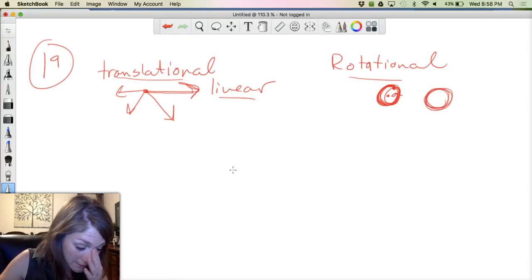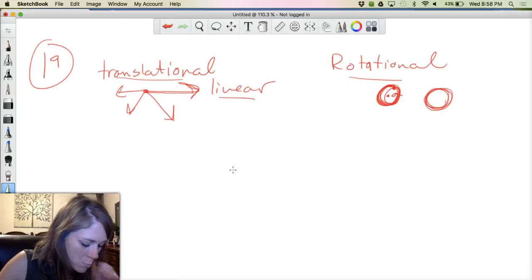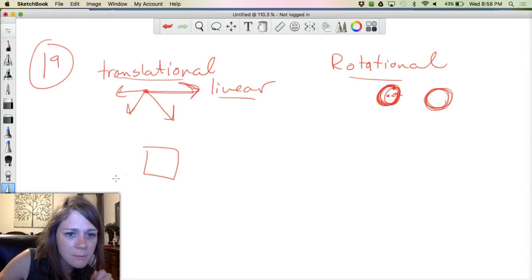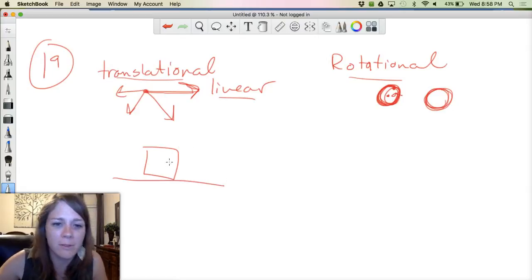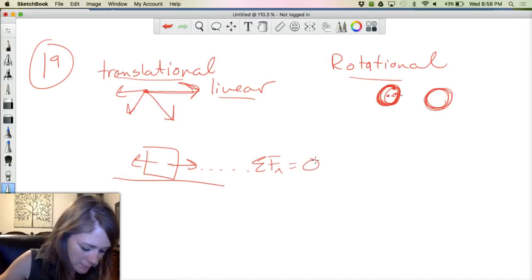So if I'm in translational equilibrium, and equilibrium just means that everything's balanced, right? If I'm moving to the right, so this guy is moving this way, but I'm in translational equilibrium, what that means is that the net force acting on it in the x direction is going to be 0.